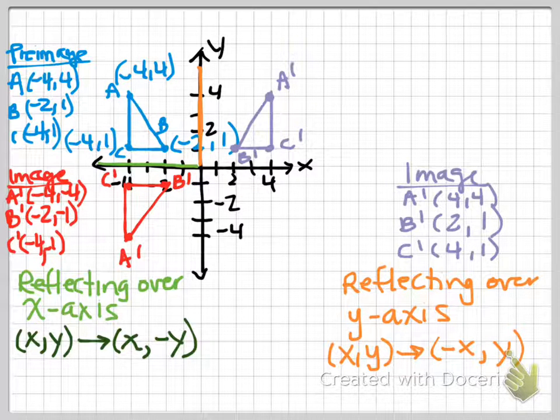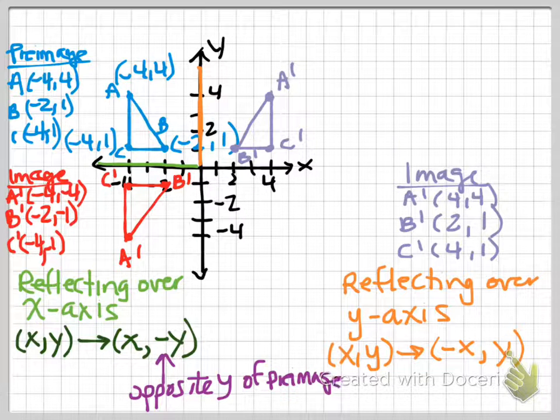Okay? Good job, Devin. So he's absolutely right. That's what happened. My x's were the ones that had to change signs. Okay? So keep this in mind when you're seeing these negatives. That's not saying that's what you're going to get. This is saying you're going to get the opposite y of the pre-image.